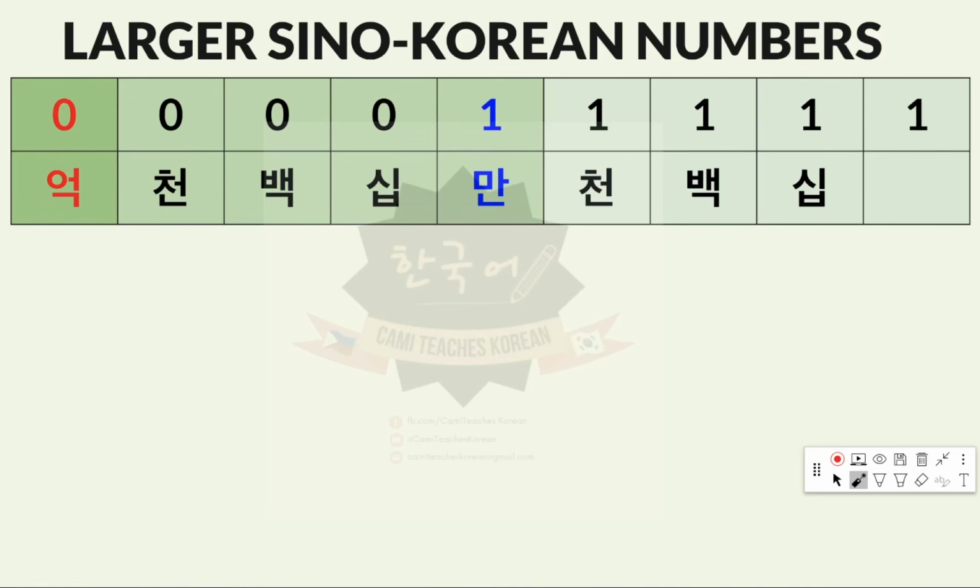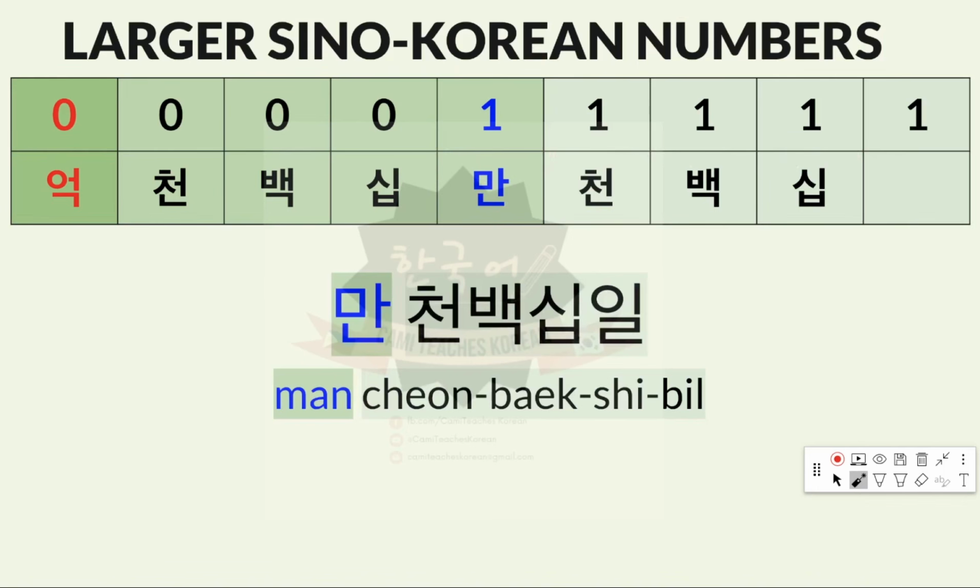So let's try this example. 11,111. How do we read this? We have man, chon. For chon, no need to put il. This is just chon.